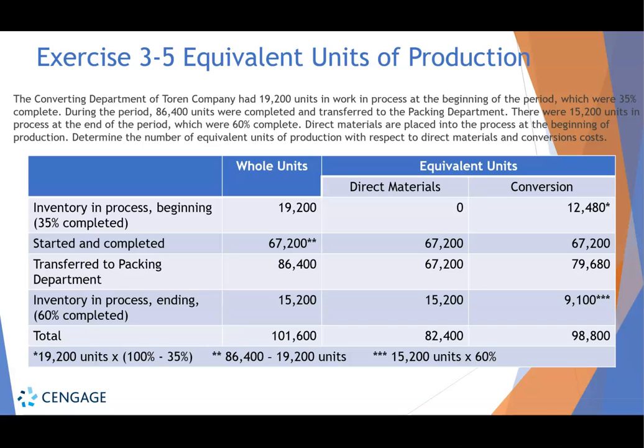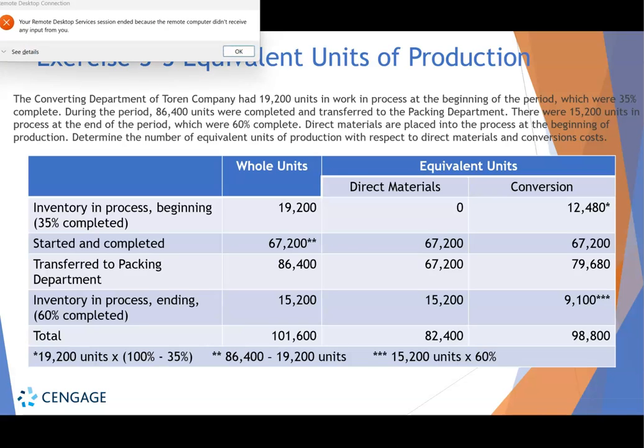So the 15,200 units times 60% is 9,120 equivalent units for conversion cost. So our total of 101,600 units in terms of direct materials, 82,400 equivalent units. In terms of conversion costs, the equivalent units would be 98,800. Okay?